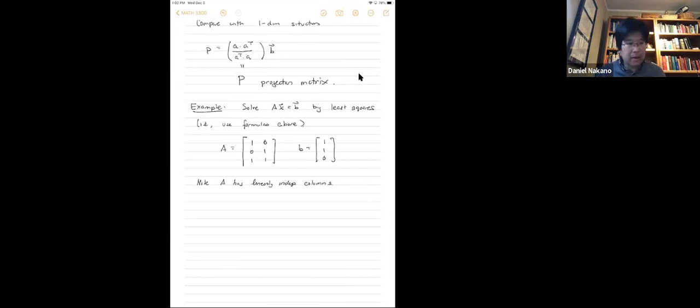All right, so we can use the formula to solve for X. Let's write out the formula again. Least squares implies that the solution X will be given by A transpose A inverse times A transpose B.